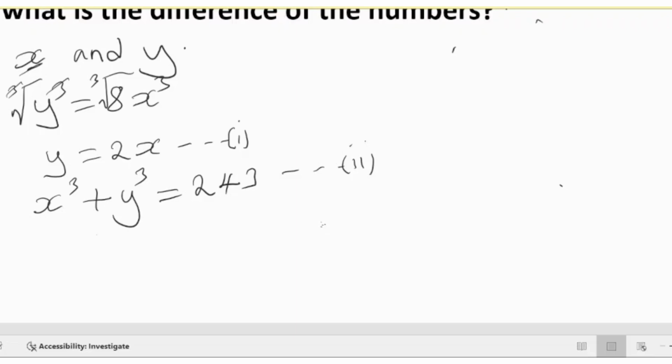And therefore, now we can solve these two equations simultaneously using the substitution method, where from our first equation, we have that y is equal to 2x. We substitute it into the second equation, so where we have y, we put 2x. So x cubed plus (2x) cubed is equal to 243.